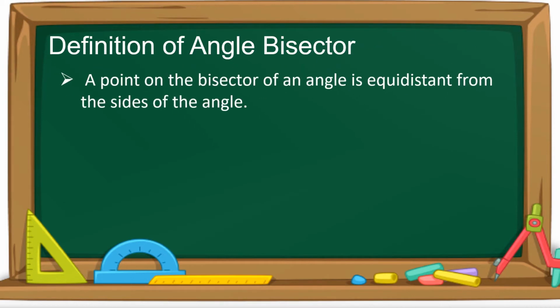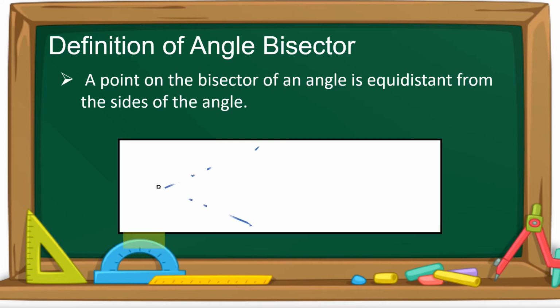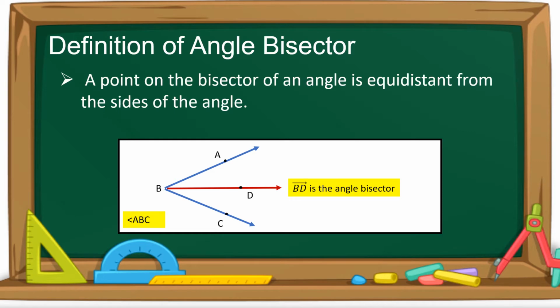A point on the bisector of an angle is equidistant from the sides of the angle. So here, point D is equidistant to AD and CD.